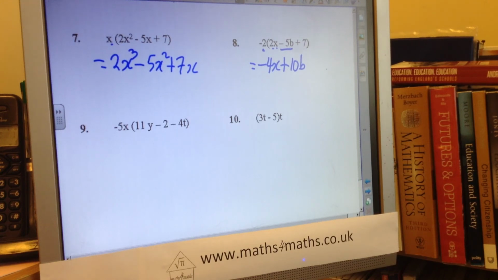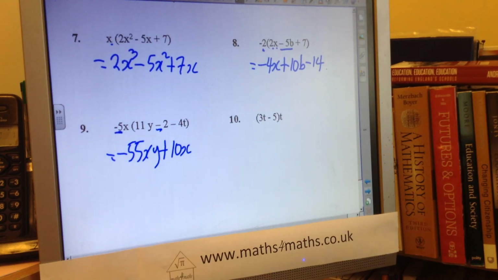Minus 2 times positive 7 will give us minus 14. Minus 5x times 11y will give us minus 55xy. Minus 5x times minus 2 will give us plus 10x, and minus 5x times minus 4t will give us plus 20xt.